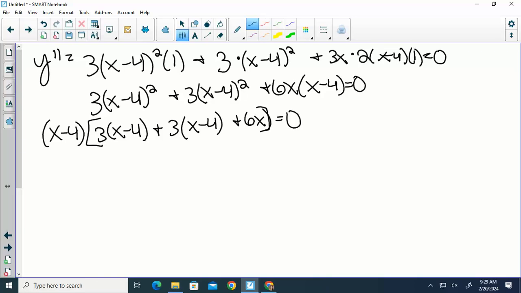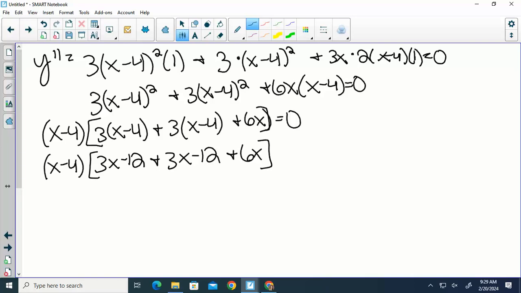So then we can distribute our 3. Then combine them.